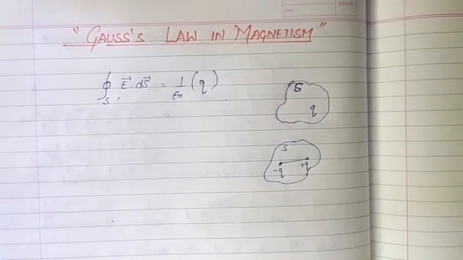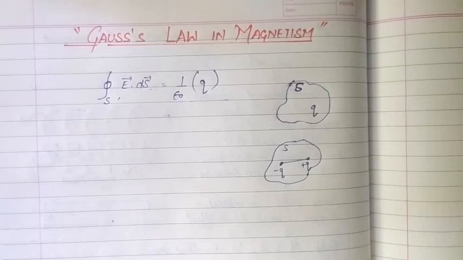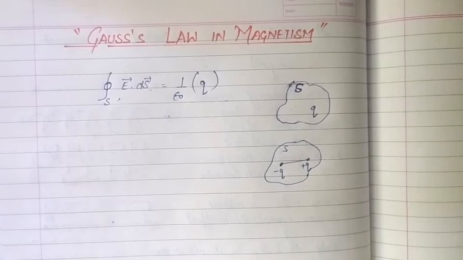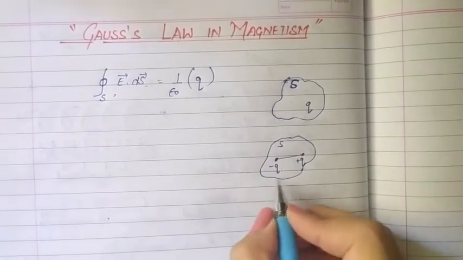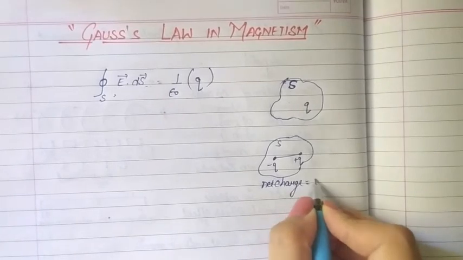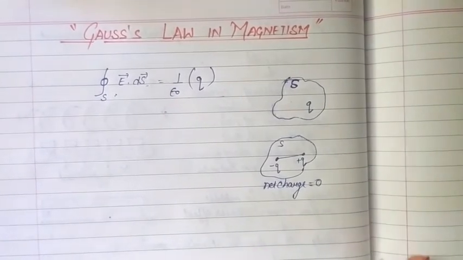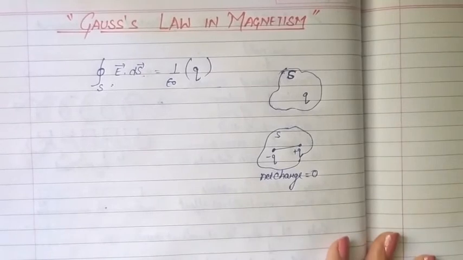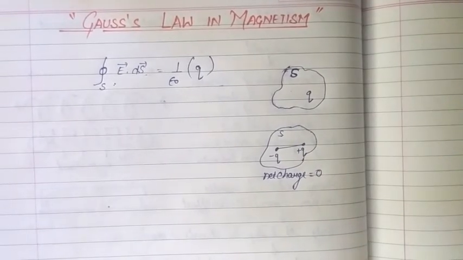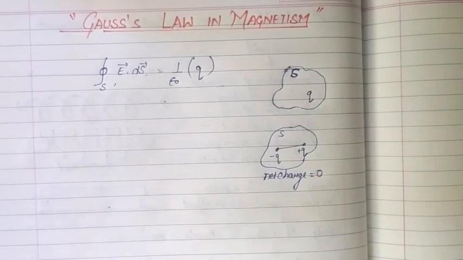So if it contains a dipole, then what will be the Gauss law? For a dipole, the total charge enclosed by the surface S, the net charge, will be 0. So the surface integral of electrostatic field over the surface S that encloses a dipole will become 0.